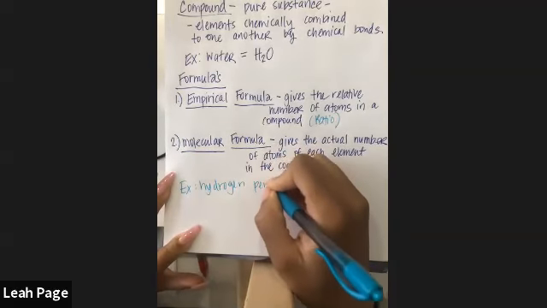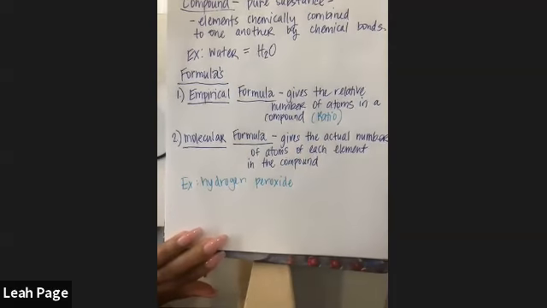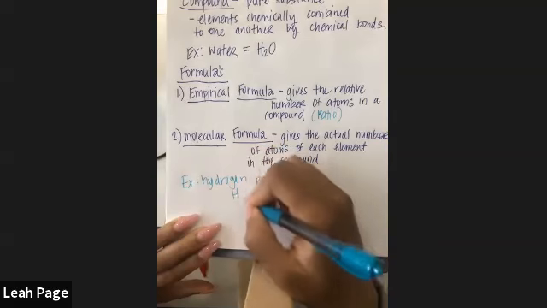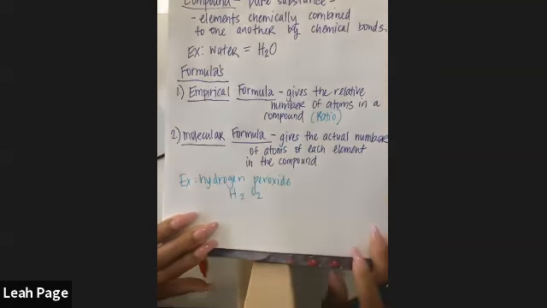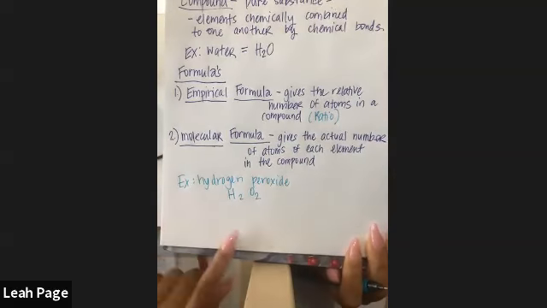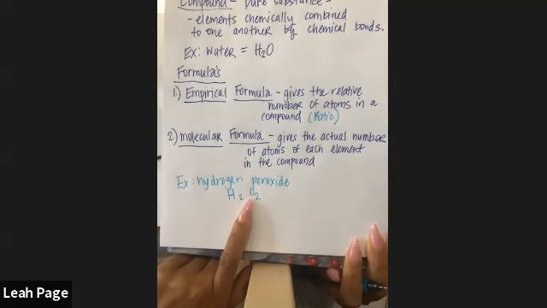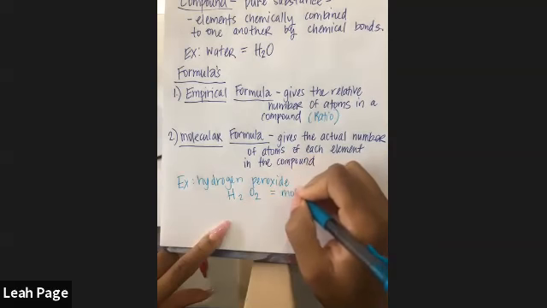Hydrogen peroxide has the molecular formula H2O2. And all this means is there are 2 hydrogen atoms for every 2 oxygen atoms. And so this is the actual formula for hydrogen peroxide. We say that this is the molecular formula.